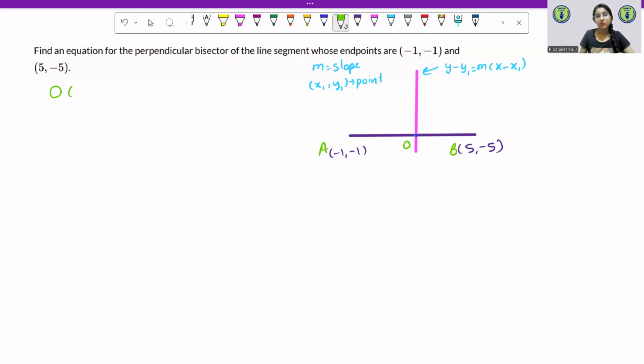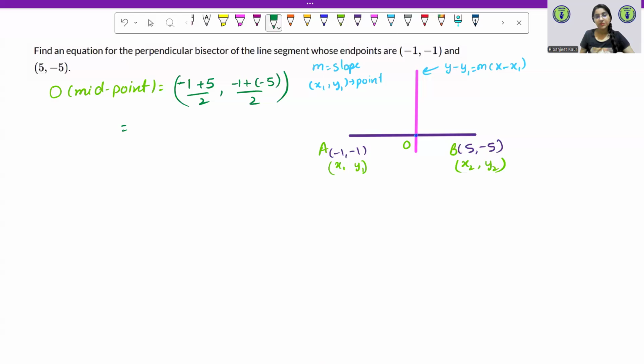So to find out O, which is the midpoint, we use the formula (x1 + x2)/2 and (y1 + y2)/2, which gives us x1 which is -1, x2 which is 5, divided by 2, y1 which is -1, y2 which is -5, divided by 2, which gives us 4 over 2 and -6 over 2, which gives us (2, -3).